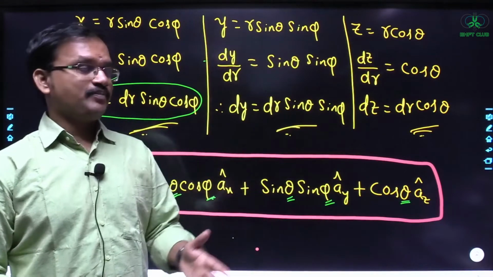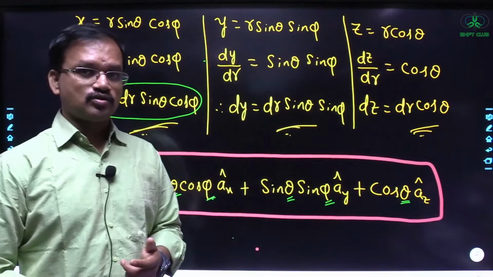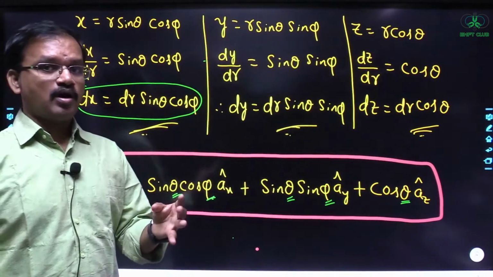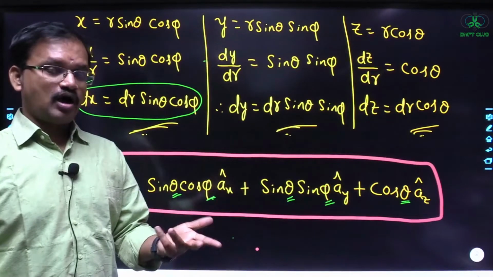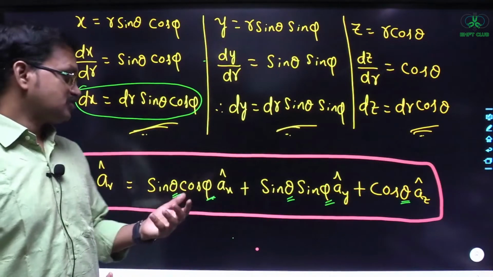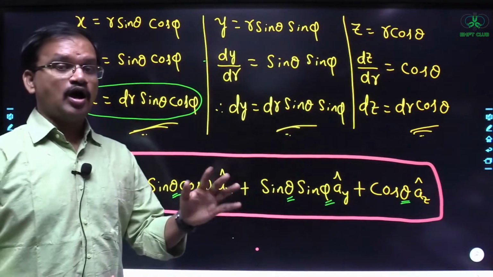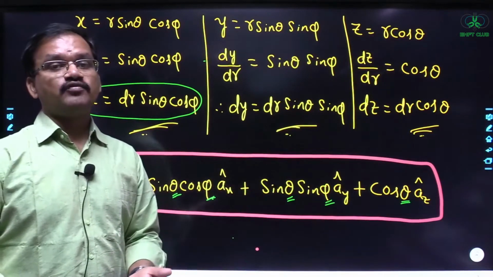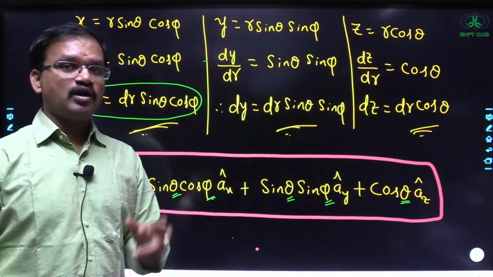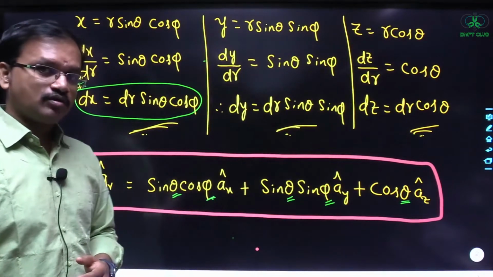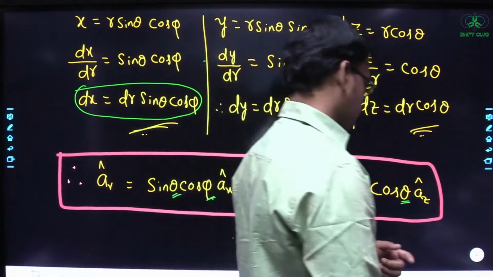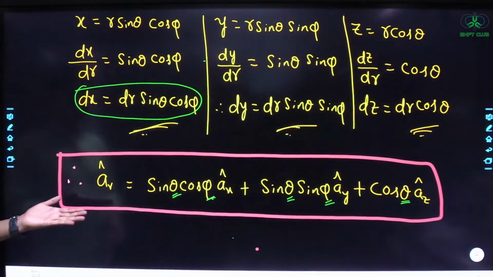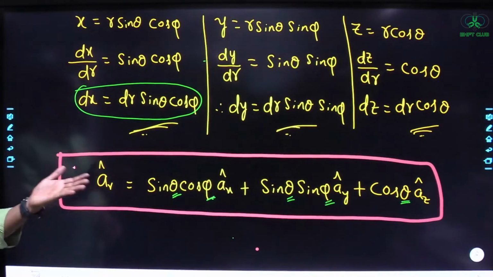In the same manner, in the spherical coordinate system also, the directions of ar cap, a theta cap, a phi cap are all going to change. So the directions of ar cap and a theta cap depend upon theta and phi, and the direction of a phi cap depends upon phi. So we have determined the dependency of ar cap on theta and phi.